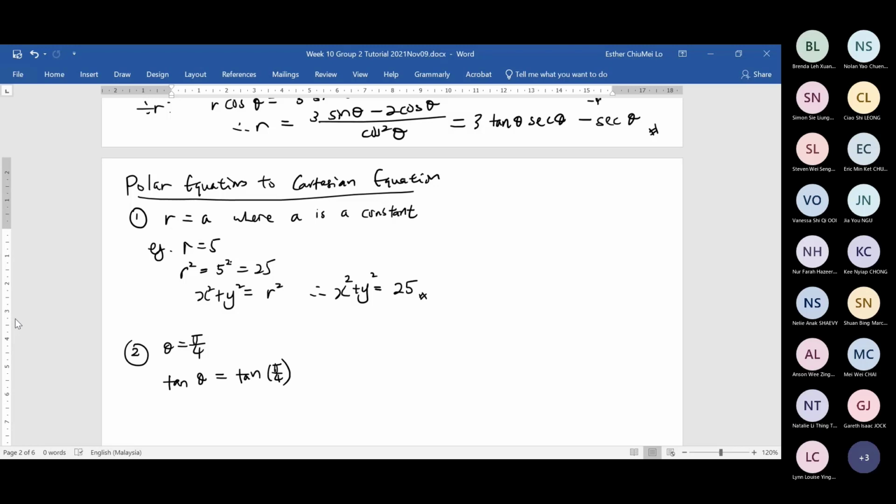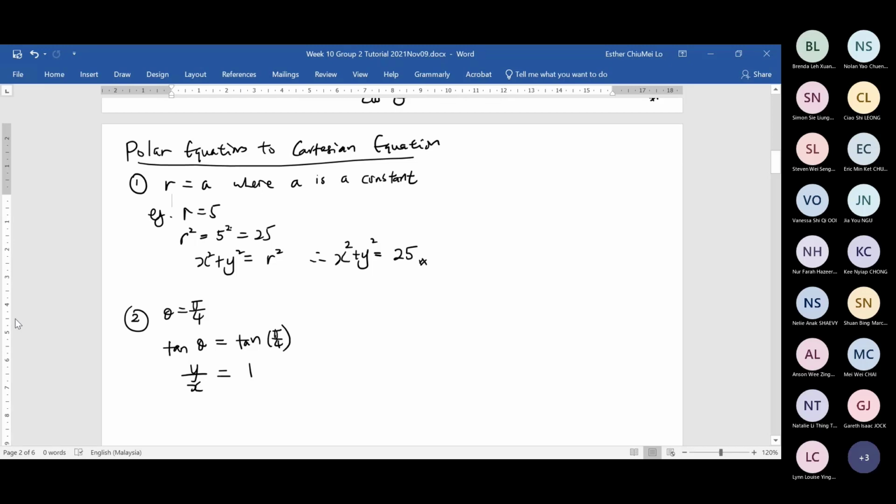Now we know that tangent theta is y over x, right? For the principal value, the angle will be opposite over adjacent. And when you evaluate tangent pi over 4, you get 1. So it means that here your y is equal to x.